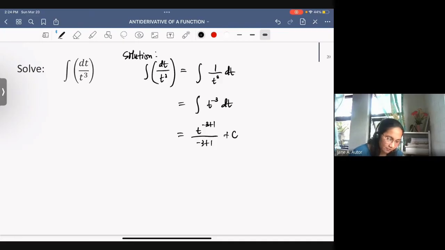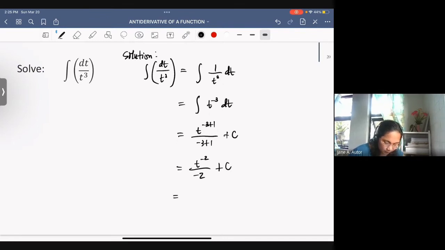Okay? So whatever it is na nasa new exponent natin, you have negative 3 plus 1, yun din yung i-divide natin sa kanya by power rule for integration. So if we simplify this, we'll have t raised to negative 2 divided by negative 2, plus c.